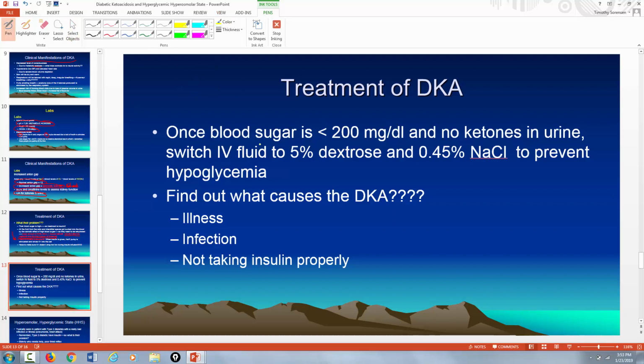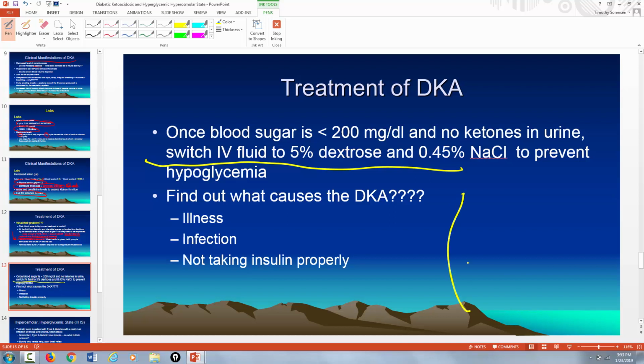Once the blood sugar is under 200 and there's no ketones in the urine, you want to switch to a 5% dextrose. Dextrose is just the sugar that's found in corn, right? So it's glucose from corn. And a 0.45% sodium chloride, so that's basically half normal saline.